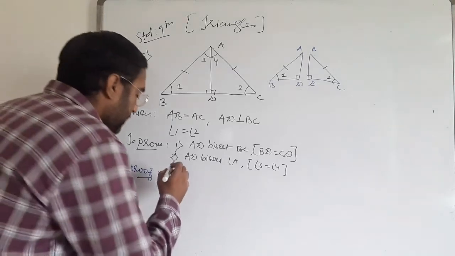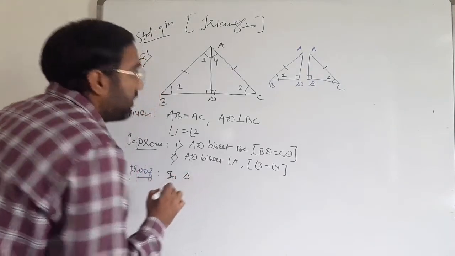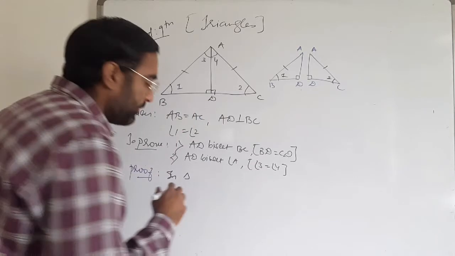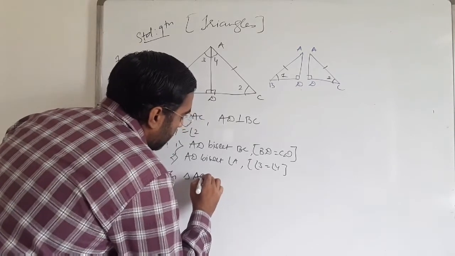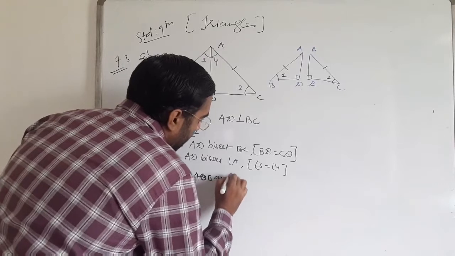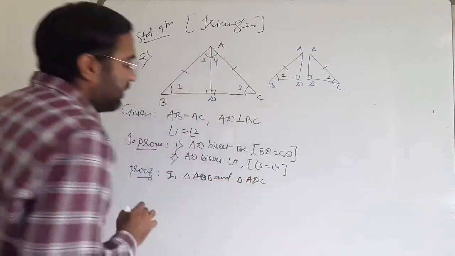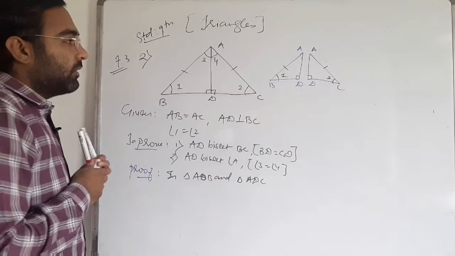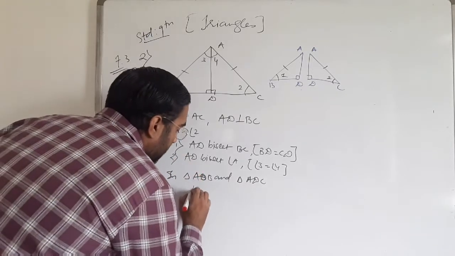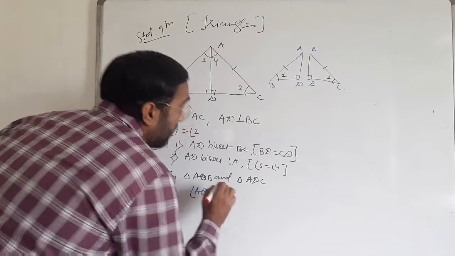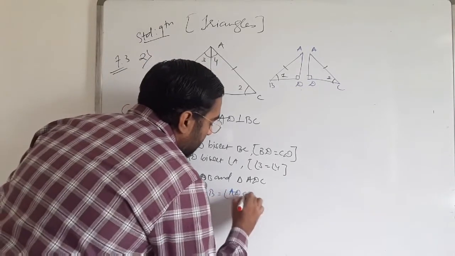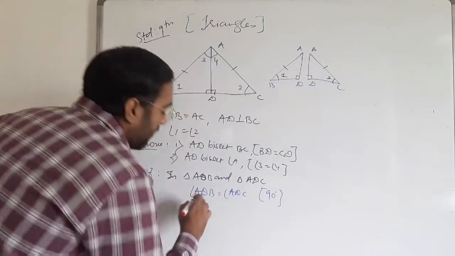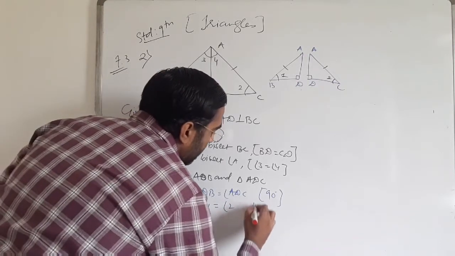So in triangle ADB and triangle ADC, first, angle ADB is equal to angle ADC, both are 90 degrees. Second, angle 1 and angle 2 are equal, given.